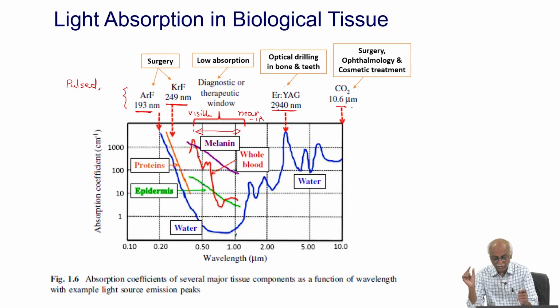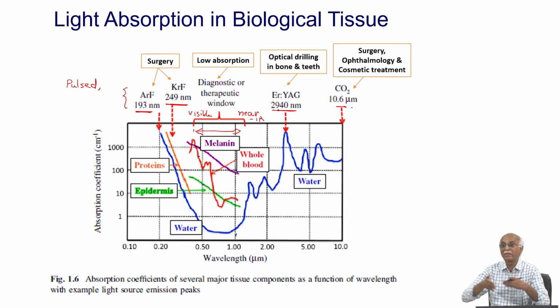There is one more range, around 1.7 to 2.2 micrometer. Of course, absorption by water molecules is large, so extinction is very fast and light will not be able to propagate for a longer distance.